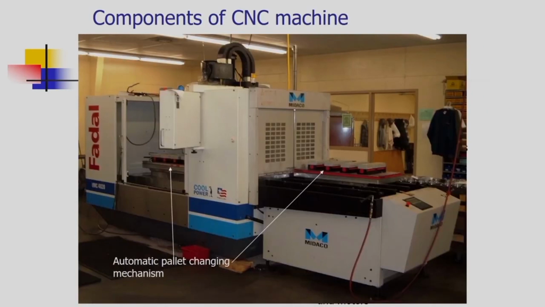Now, the next type of arrangement required in a CNC machine tool is pallets. Pallets are used to stack, store, protect and transport the work part.